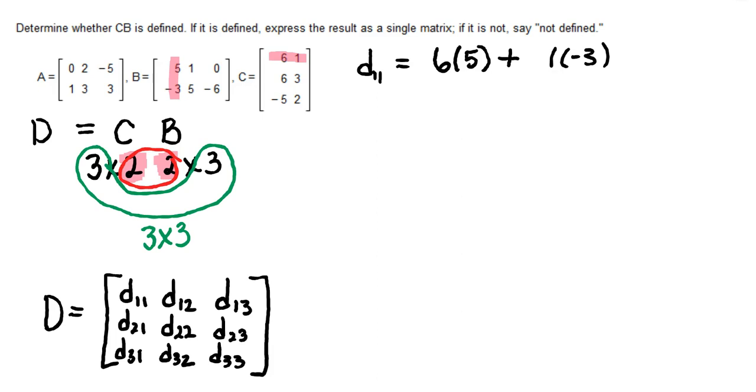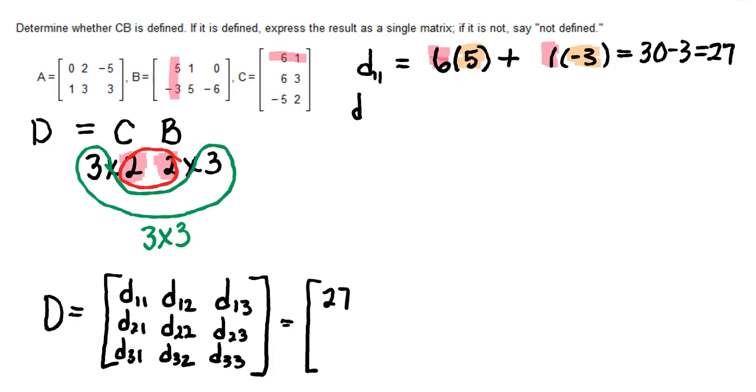So I used the 6 and the 1 from row 1 of matrix C, and I used the 5 and the negative 3 from column 1 of matrix B. So if we do that multiplication, we'll have 30 minus 3 is 27. So our entry in the first row and first column of this matrix is 27.